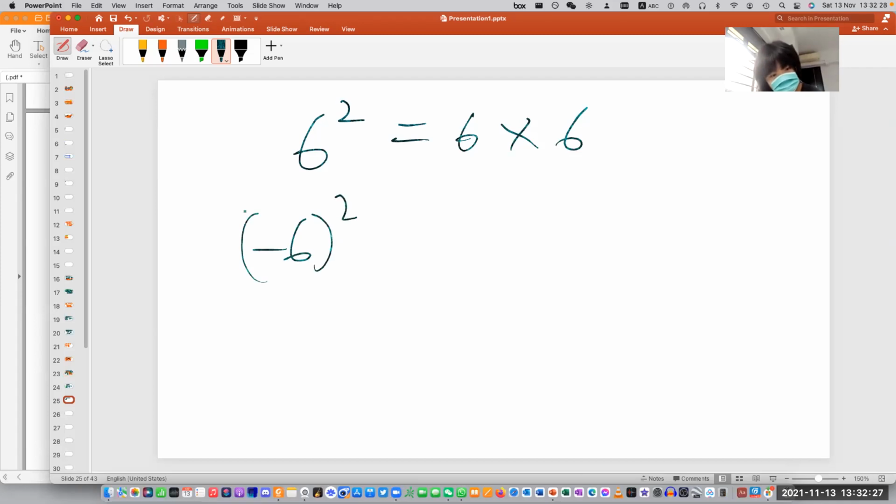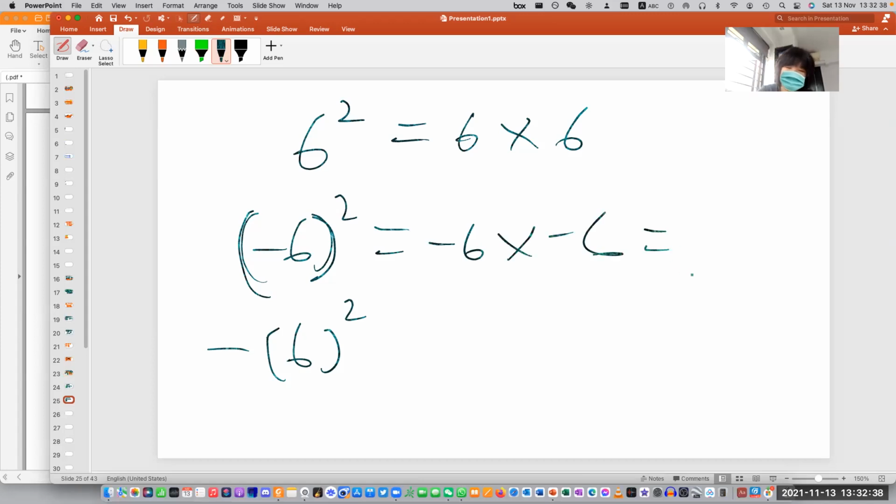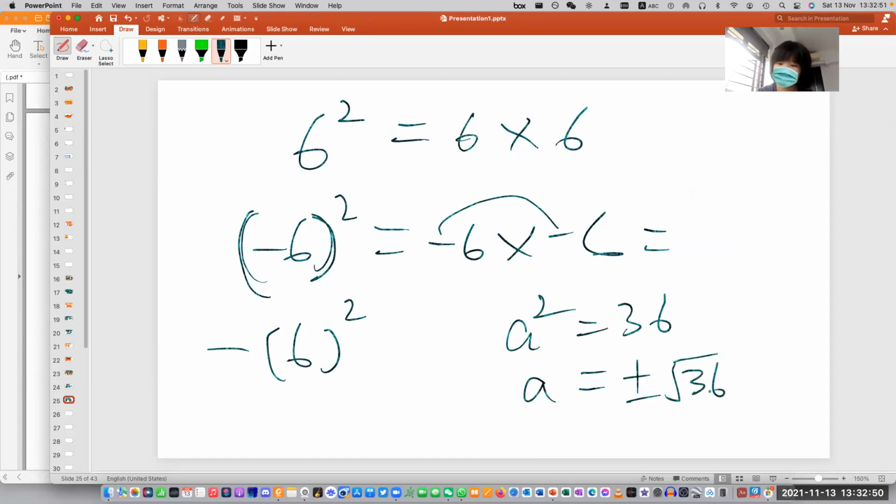without a bracket it is like this. Negative 6 times negative 6. Correct. Because negative times negative equals positive. So therefore, if you have a squared equals 36, you are supposed to have a equals plus minus square root 36.